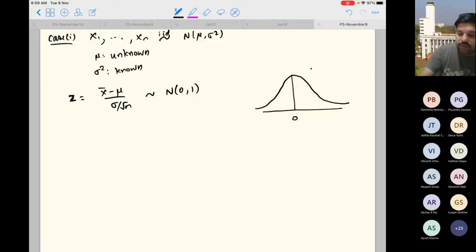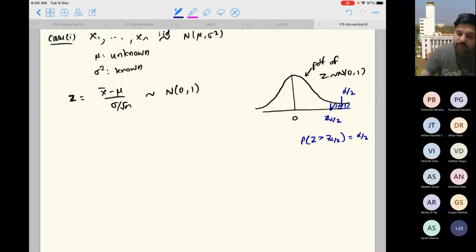So if this is the PDF of Z, which follows normal 0, 1, the standard normal density, then in the last class we said that we will call this point z alpha by 2. The property is that the area to the right of this point is such that the probability of Z greater than z alpha by 2 is equal to alpha by 2.